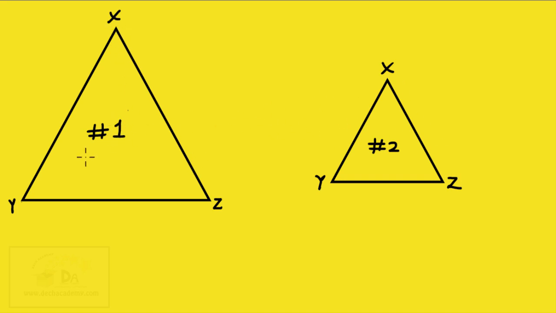XZ and XZ in both triangles are corresponding sides, and side YZ in both triangles are corresponding sides. I'll just assign lengths randomly. I'll call this side with a length of 10 centimeters, here 12, and here 14 centimeters. For this triangle, 5 centimeters, 7 centimeters, and YZ 7 centimeters.